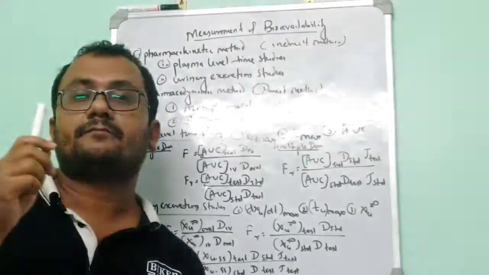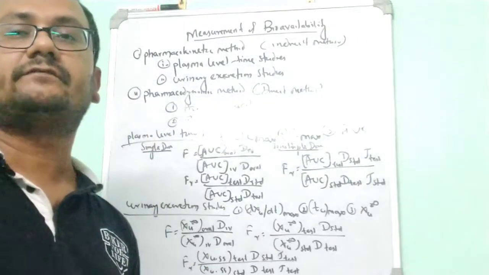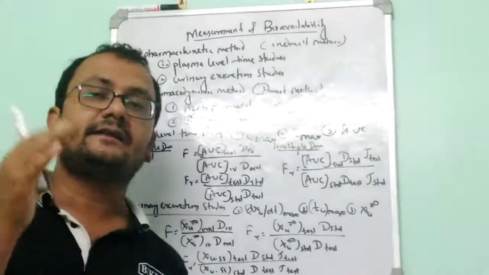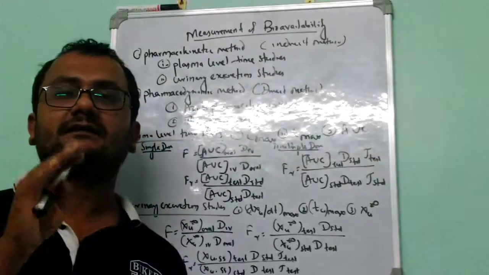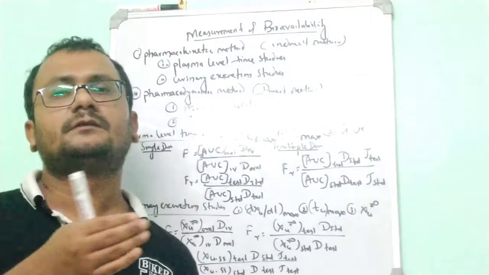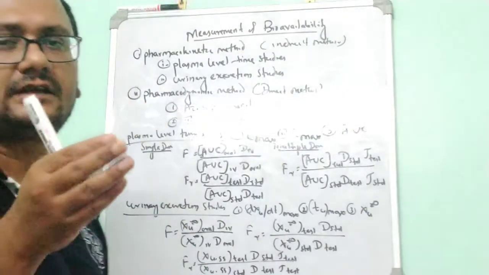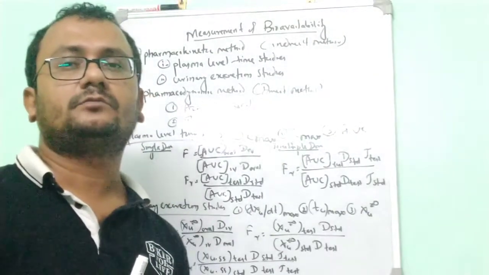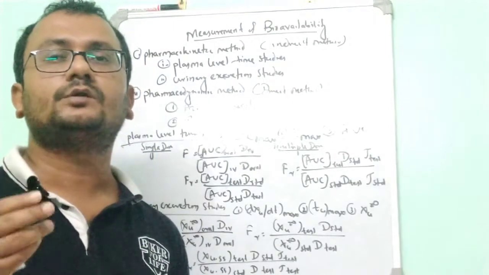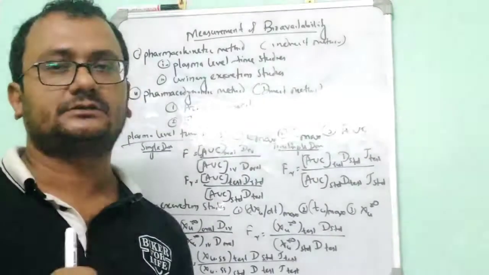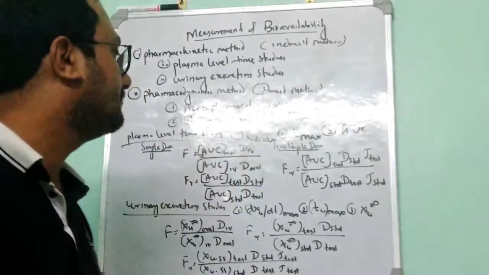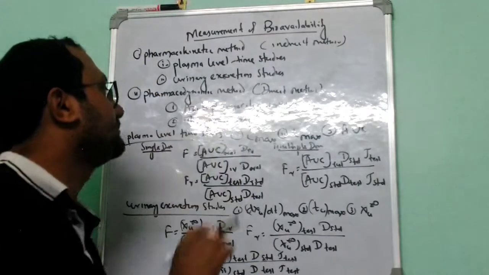Is it effective for a particular disease? How much is it effective? It is very difficult to find out, because after a single dose, very little drug gives a therapeutic response or cures a disease. In one dose or two doses we cannot get a therapeutic response. That's why the therapeutic response method is very difficult.